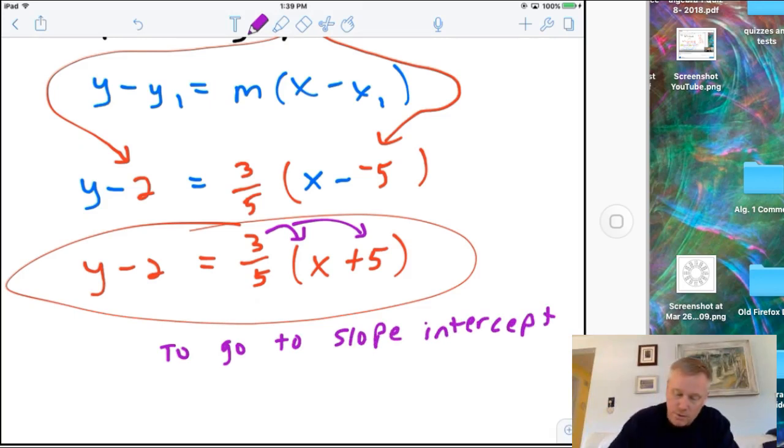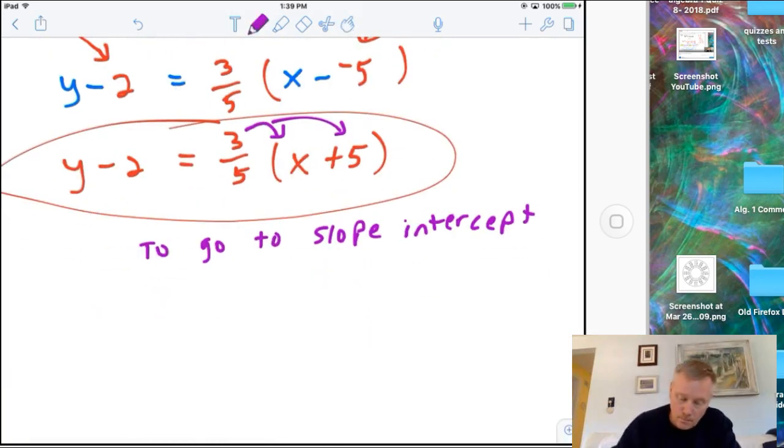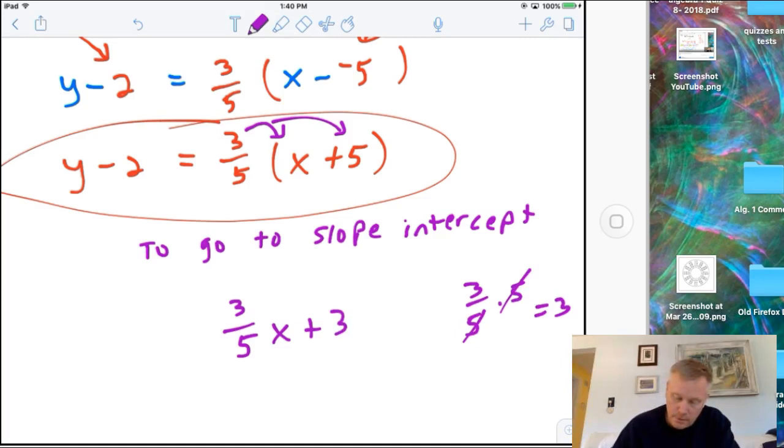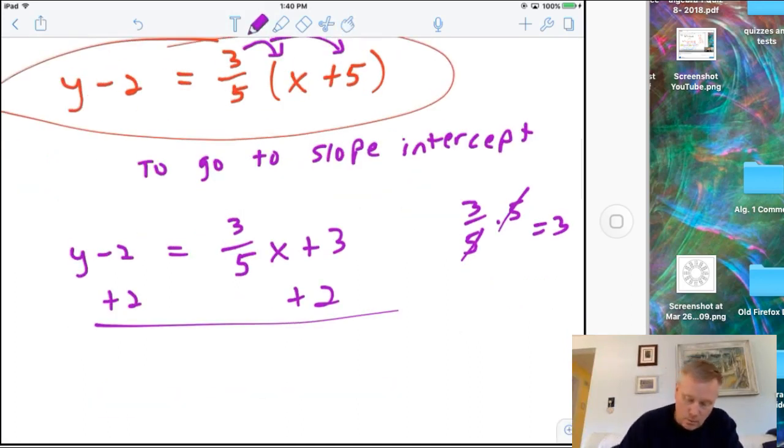Sometimes they might want you to do that. So I distribute the 3/5, right? And I get 3/5 x plus 3/5 times 5 is 3. So that's what I get over here, and I got y minus 2. I'm going to get the y alone, so I'm going to add 2 to both sides, and I'll get my answer, y equals 3/5 x plus 5.